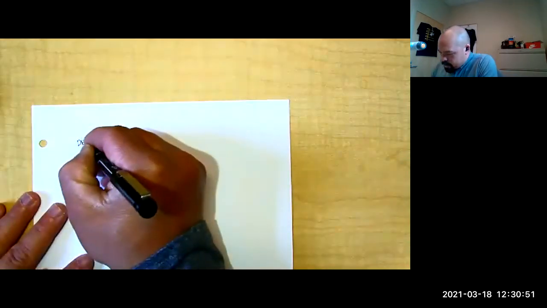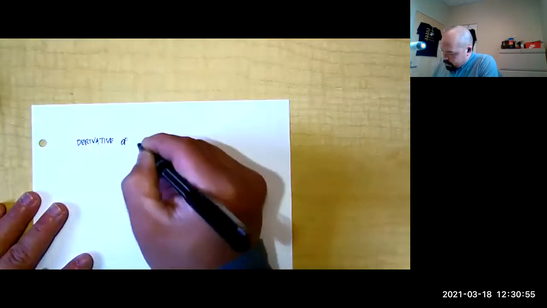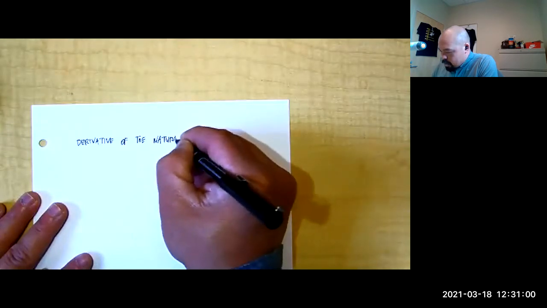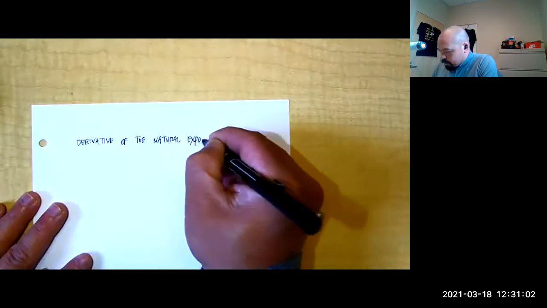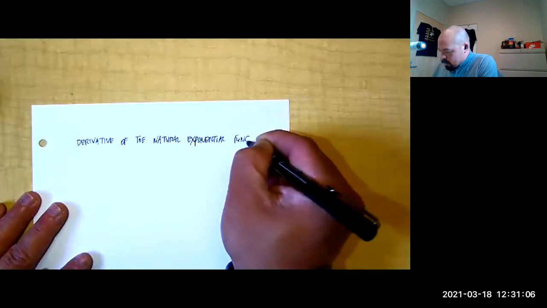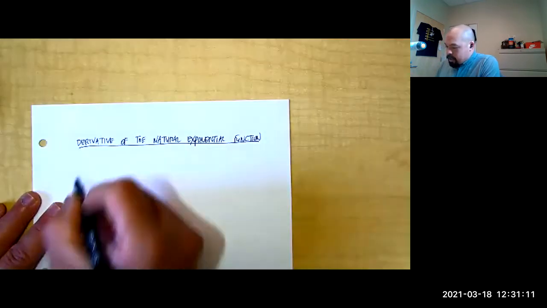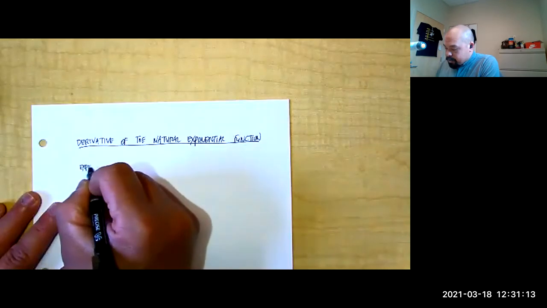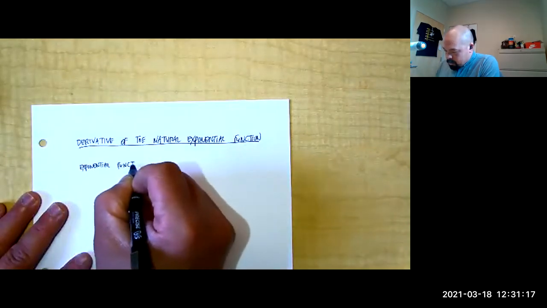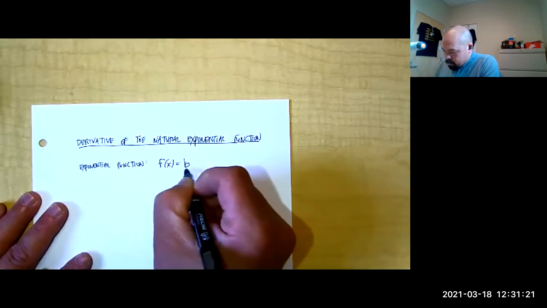So for our derivative of that kind of more natural exponential function. Okay, right? In general, our exponential function f of x is b to the x, right?